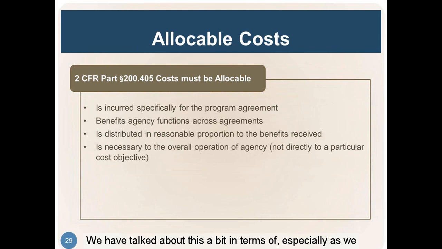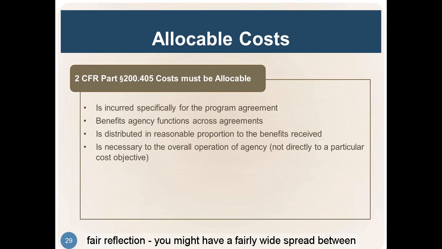We've talked about this a bit, especially as we're talking about a smaller agency, they may have to pool together a greater number of different types of costs to keep that work manageable in terms of reconciliation and tracking. But in terms of deciding what is that percentage share, what is a fair reflection?